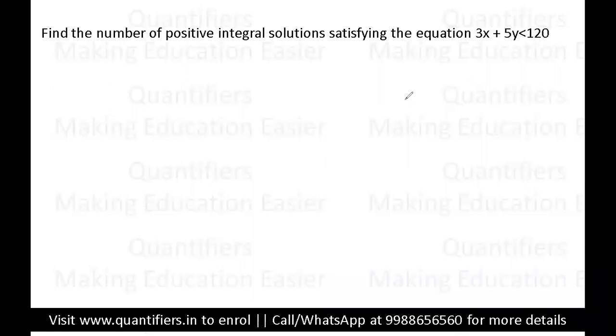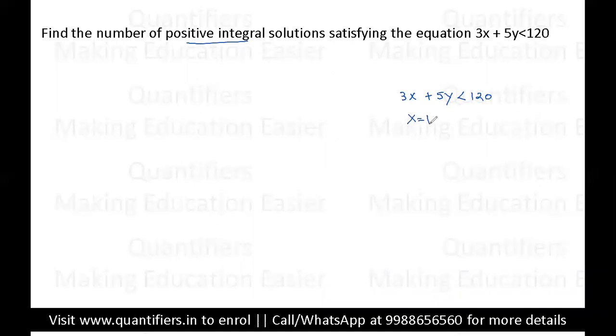Now manually I mean to say is, 3x plus 5y is less than 120, and it is given that they are positive integers, right? We are looking for positive integers. So now see, you can solve it in this way that let us assume that x is equal to 1, right?